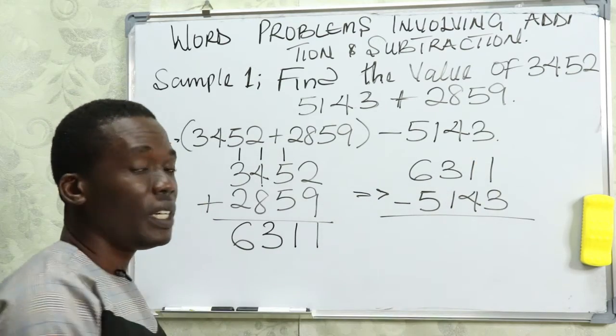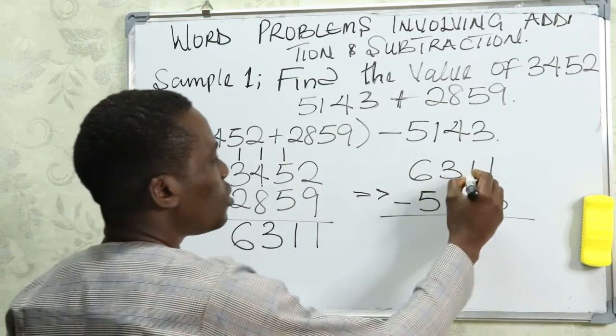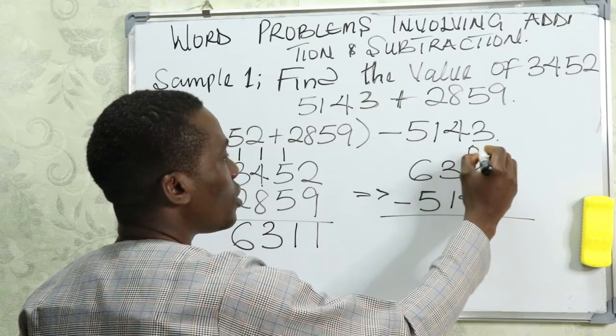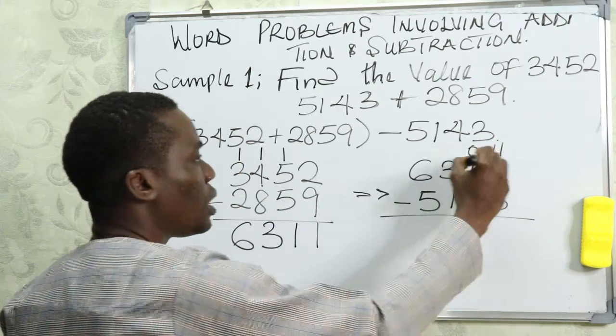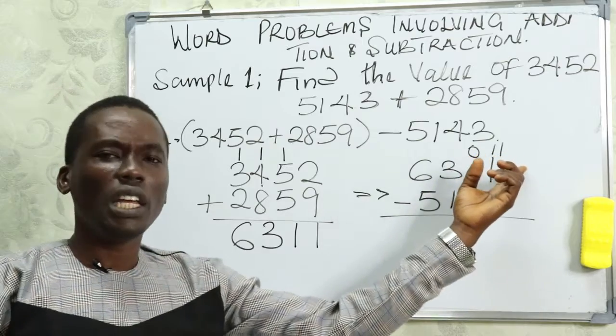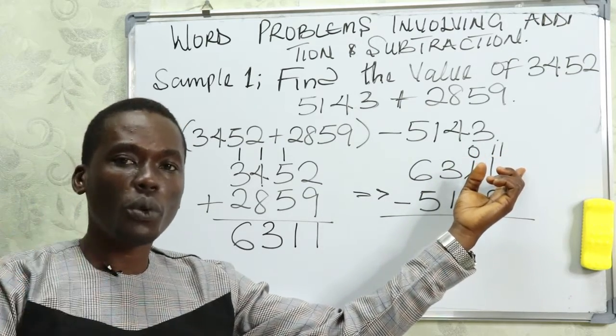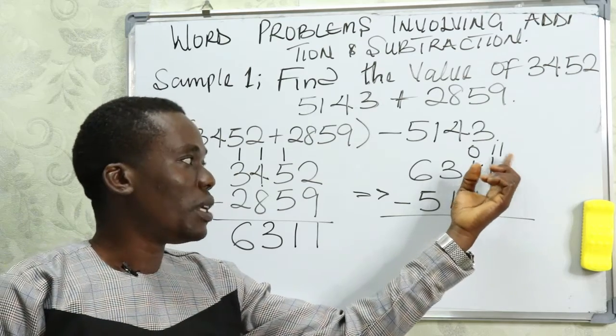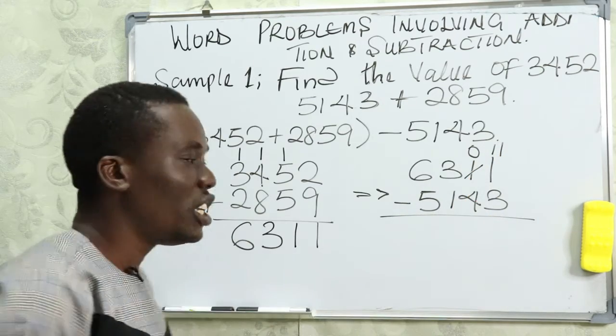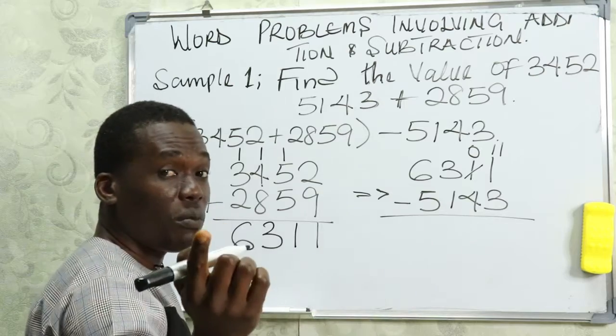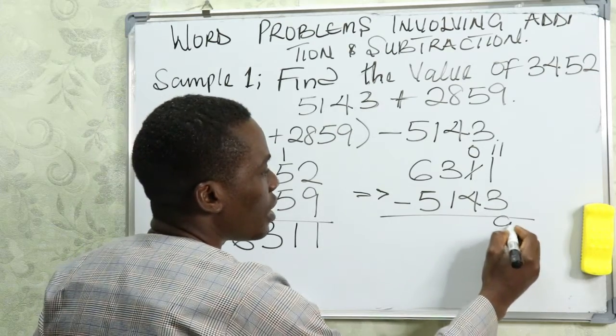1 minus 3 is not possible. All you need to do, you kill this to make it 0 and take the 1 over here to make this one 11. Remember what I told you in our previous lesson? That is what we call regrouping or renaming. So 11 minus 3 is going to give us 9. Very good.